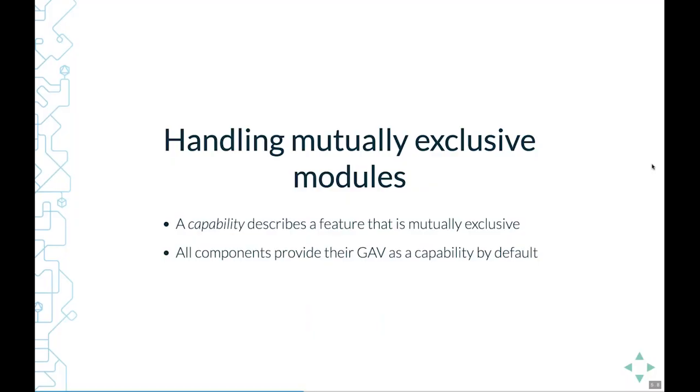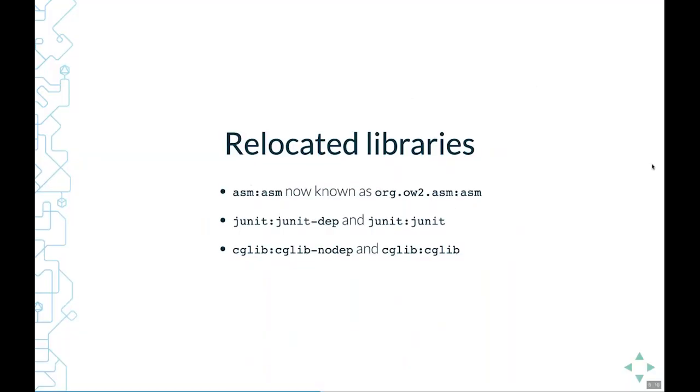The second one is actually the logger use case, where you have multiple implementations of the same thing on the class path and you want to use only one of them. This is what we call mutual exclusivity, and this is solved by capabilities. Relocation of libraries is something similar that we didn't discuss, but it's worth mentioning.